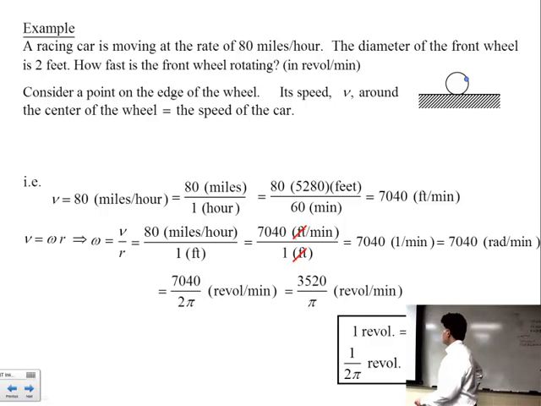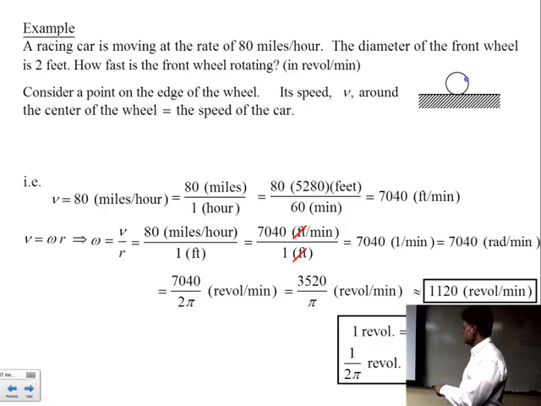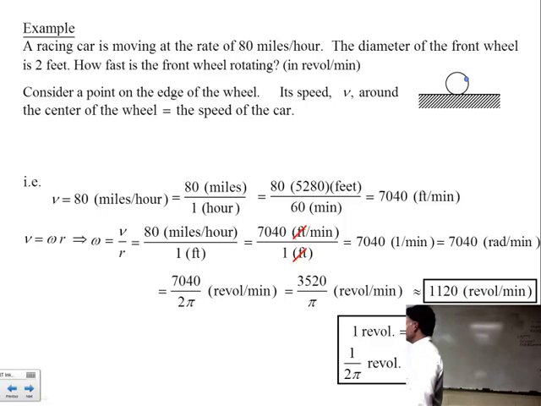Simplifying that, 3520 over pi revolutions per minute. This is the simplified exact answer, and here's the approximate answer. About 1120 revolutions per minute, RPM. So, converting between distances and converting between time units.